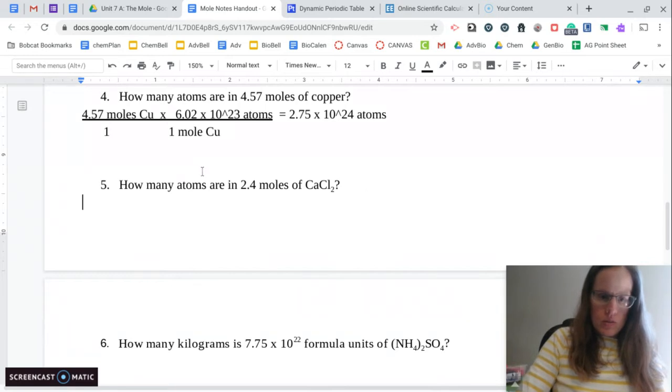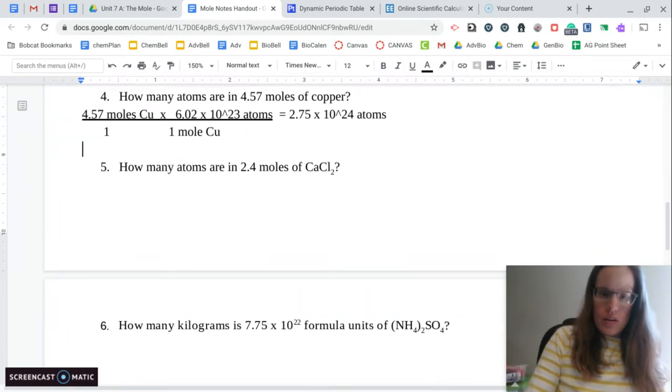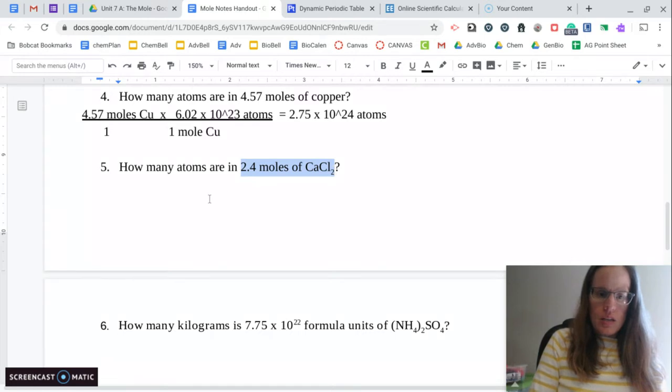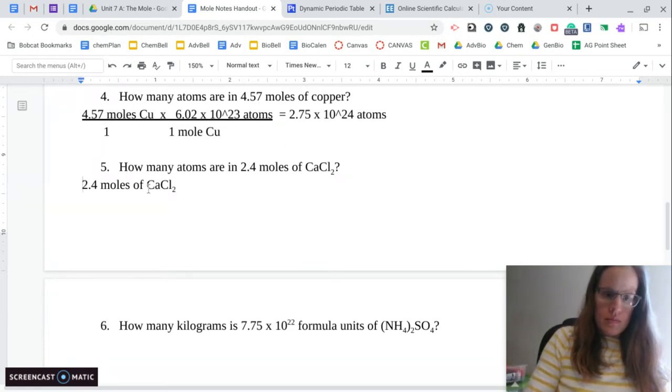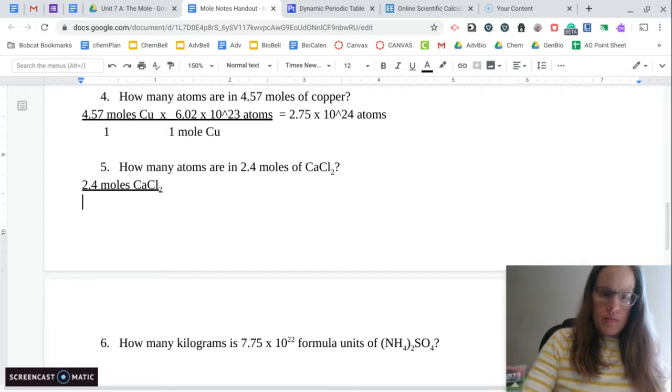Okay, next one. How many atoms are in 2.4 moles of CaCl2? This one's a little tricky. I'm going to copy and paste that so I don't have to type it all. I'm going to put my given on top, my 1 on the bottom.